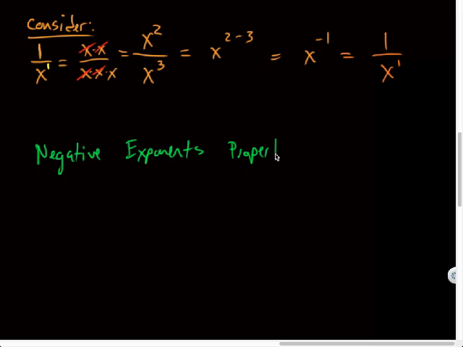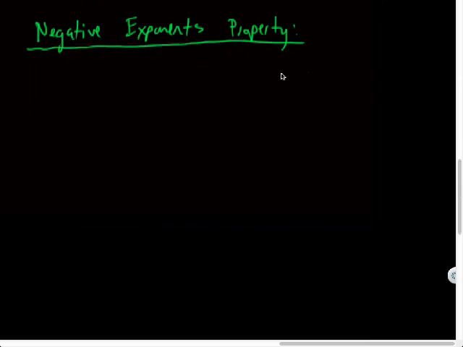So then you just flip it and make it positive. Yeah, negative exponents property. If I have a to the negative m, that is equal to 1 over a to the positive m. What? Mind blown, huh?